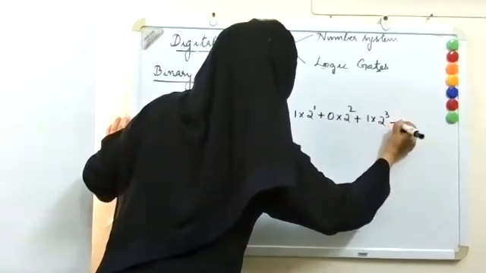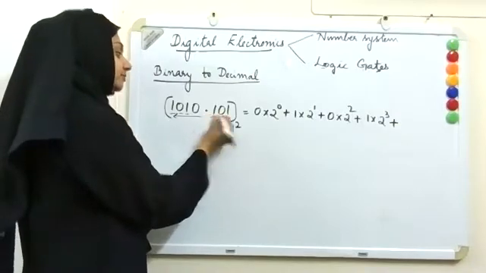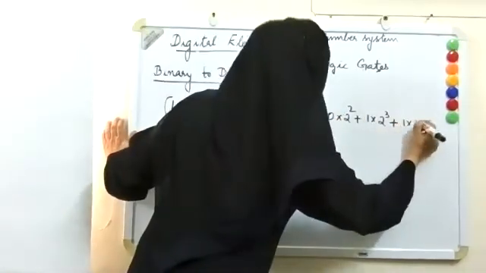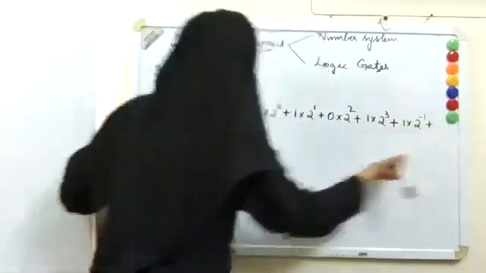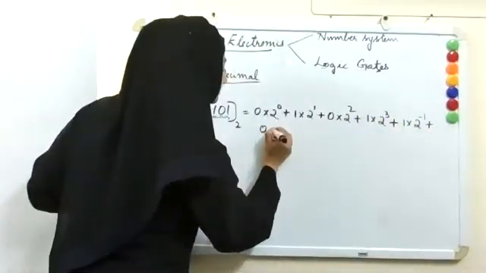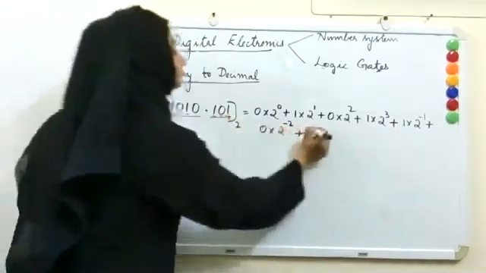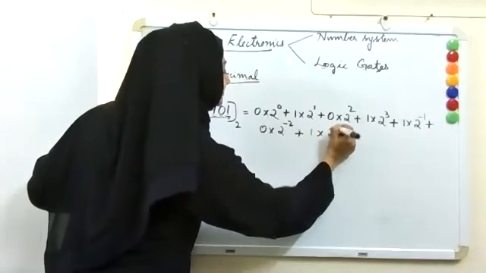This part is finished. Then plus 1 into 2 raised to minus 1, plus 0 into 2 raised to minus 2, plus 1 into 2 raised to minus 3.